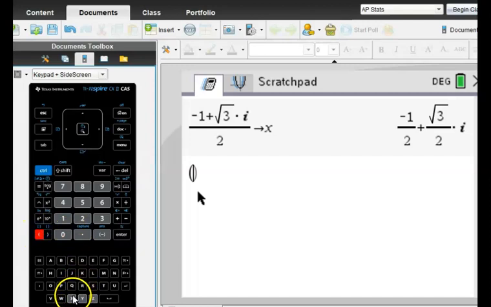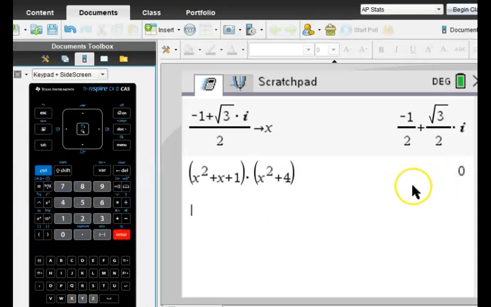So if I type in x squared plus x plus 1, notice the bold because it's picking up a variable that I've stored, times x squared plus 4. Notice I get 0.